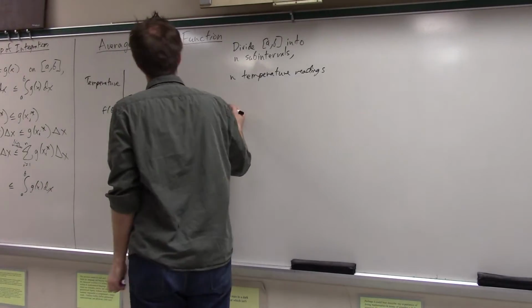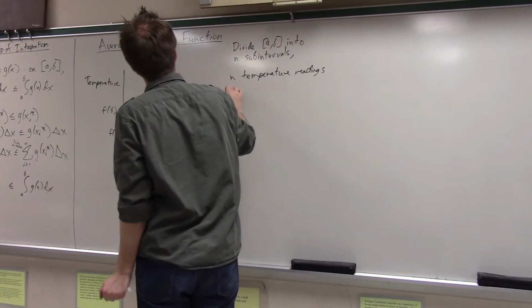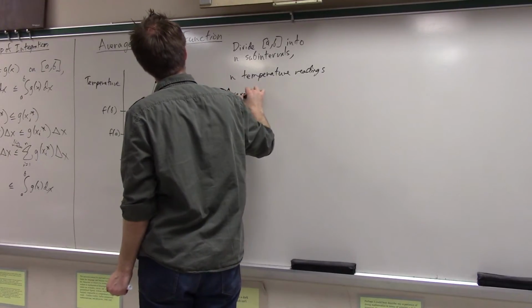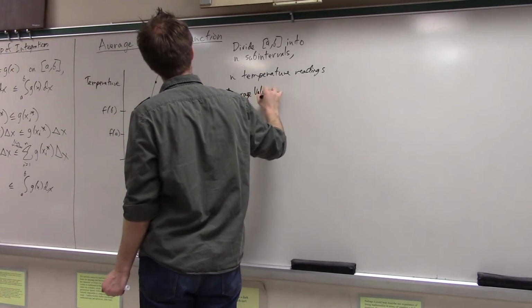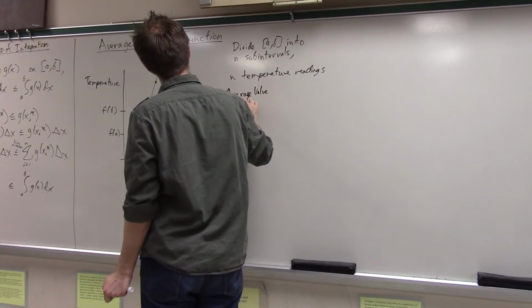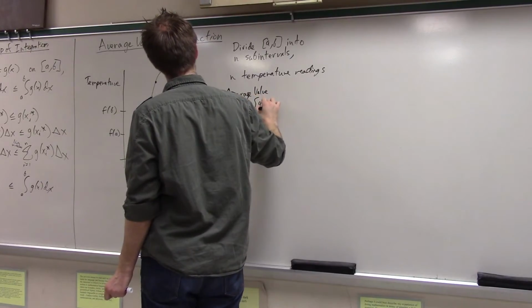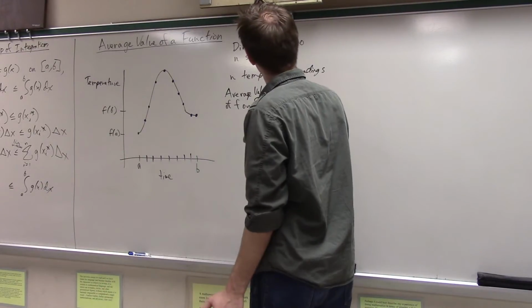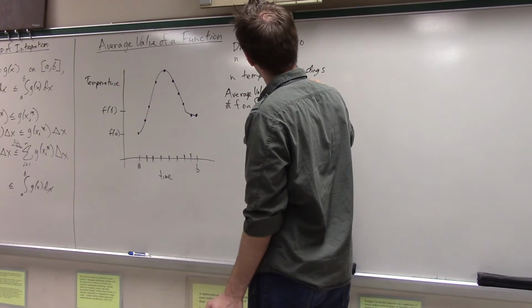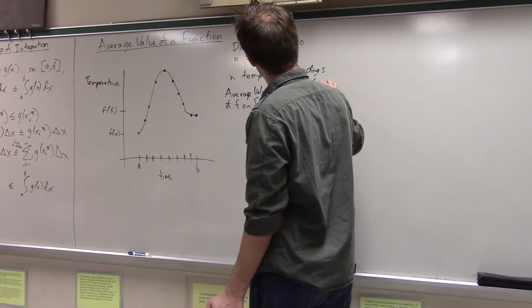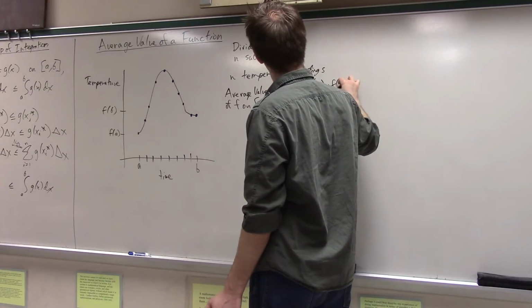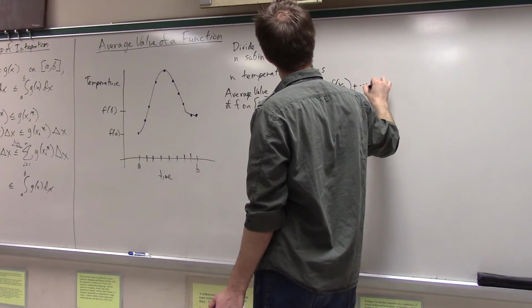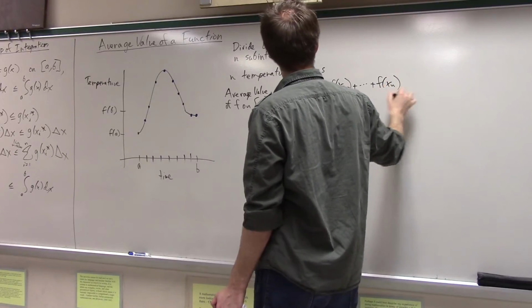So I'm going to claim that by definition, the average value of f on the interval [a, b] is the sum of all of these things. So I take f(x1) plus f(x2) plus all the way up to f(xn), and then I divide by n.